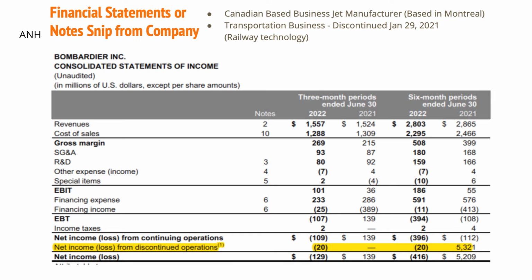About its background, this Canadian company is a jet manufacturer based in Montreal. On January 29, 2021, their transportation business line with the applied railway technology was discontinued, and following IFRS 5 paragraph 33, it was presented on their consolidated income as a net loss of $20 million, separately from their loss from the continuing business.